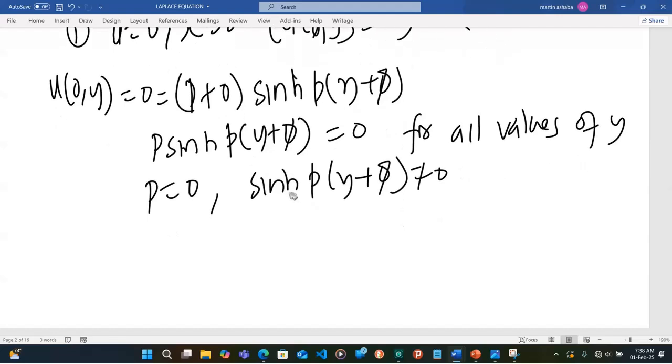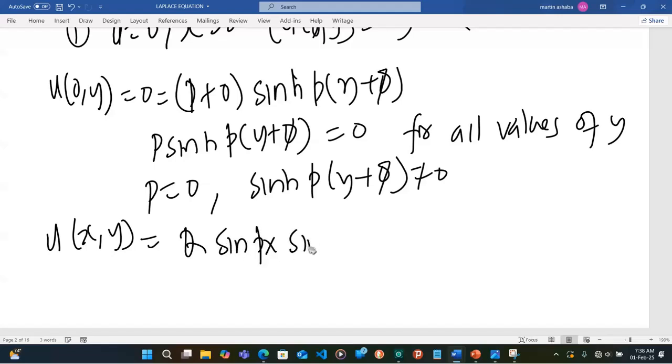So that leaves us with a solution of u(x,y) equivalent to, P is equal to 0, so we shall have Q sin px, and then we put the hyperbolic sine function, sinh p(y + phi).